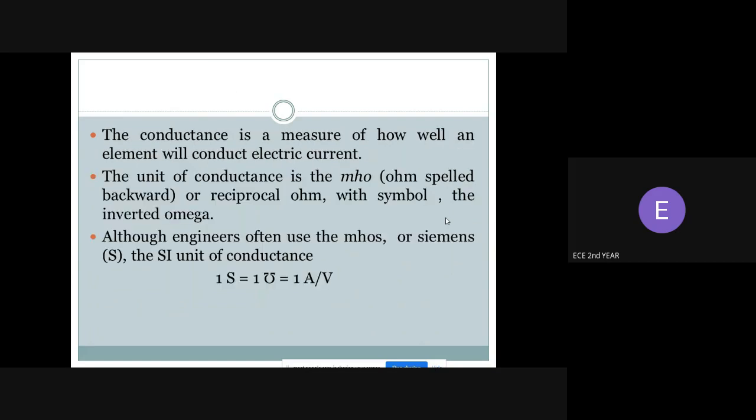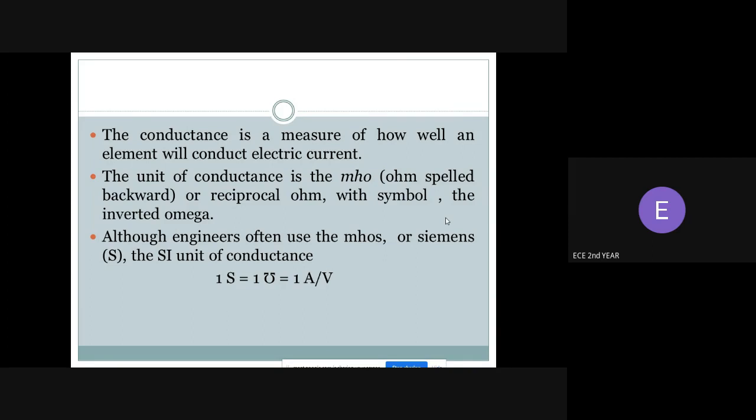The conductance is a measure of how well an element will conduct electric current, while resistance denotes how well the element restricts the current. The unit of conductance is the mho, which is ohm spelled backward, the reciprocal of ohm, with the symbol of an inverted omega.